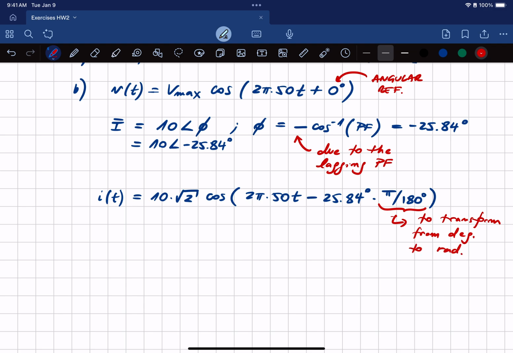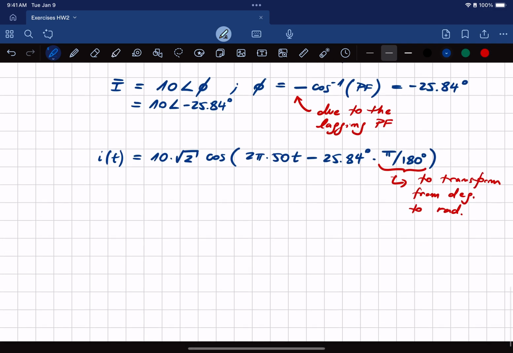Okay, and again, this is only for calculation purposes. So when you're writing this down, that's the usual thing. You only say 2 pi 50t minus 25.84 degrees, and everyone would understand this. But for calculation purposes, we need to add this. That's why I'm adding this explicitly.